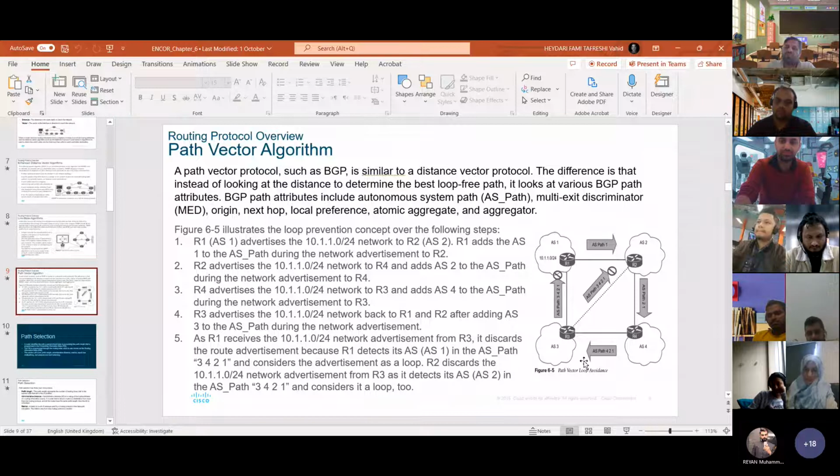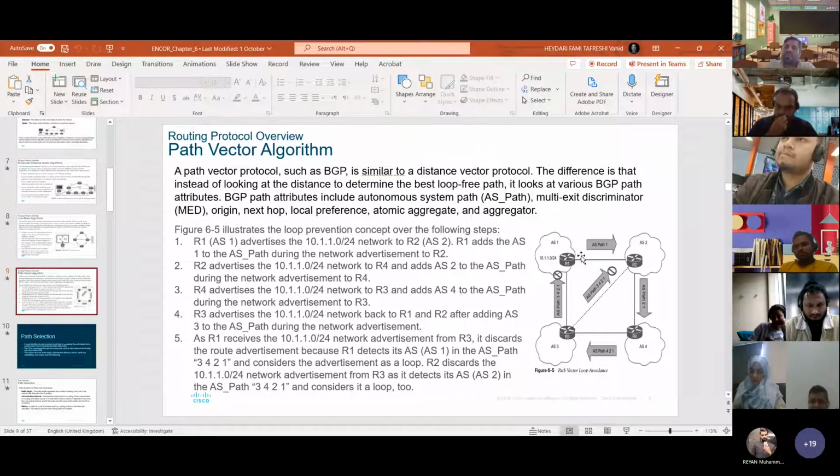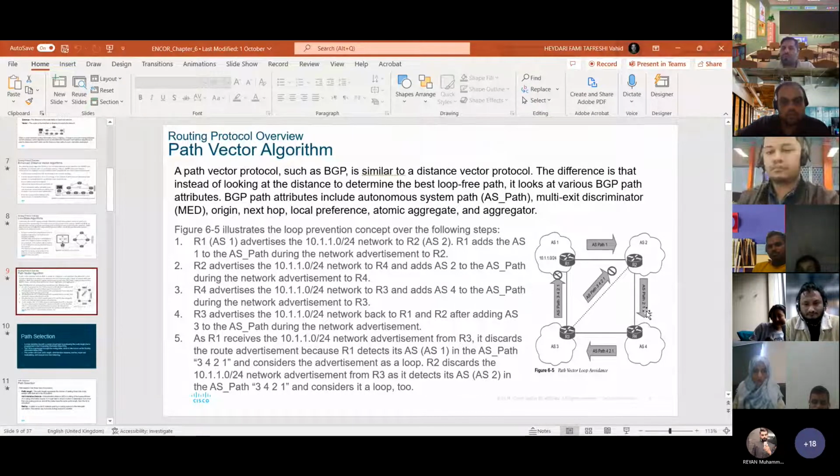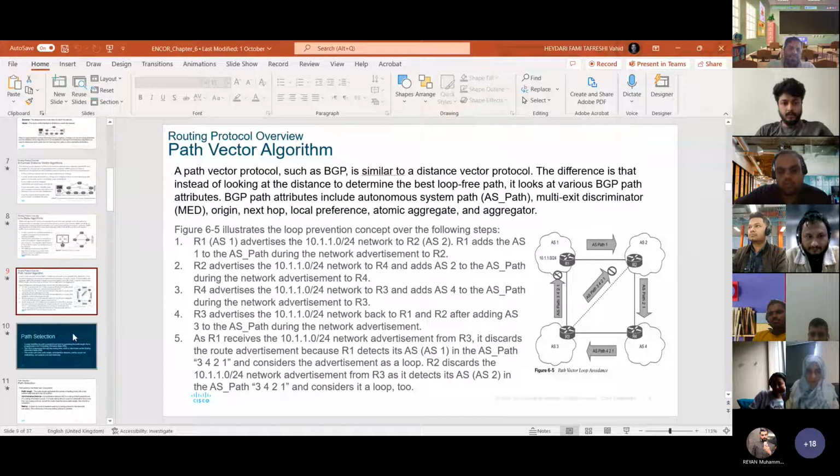For instance, AS3 knows that through 4, 2, 1, which is this way, they can get to 10.1.1.0. AS2 knows that through just one AS, which is AS1, they can get to that network. Or AS4 knows that through 1 and 2, which is this way, they can get to that network. Any question?